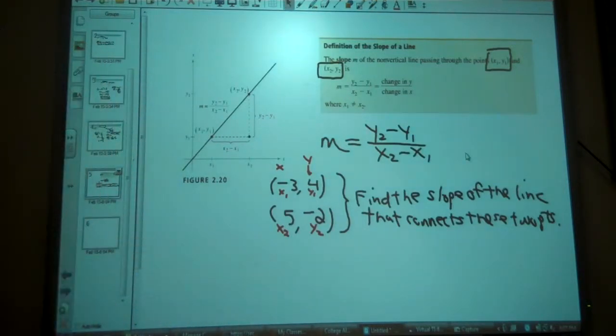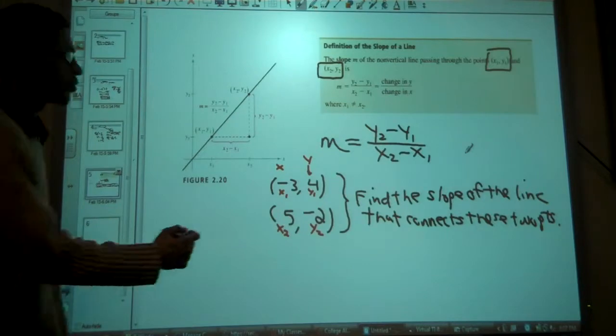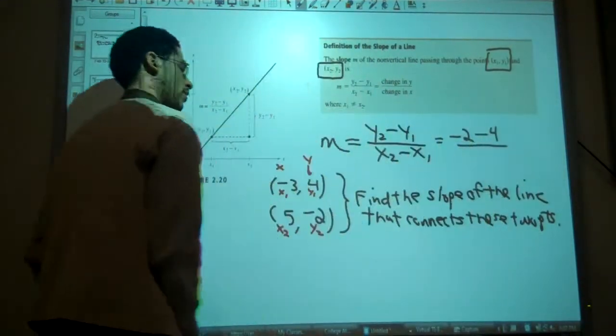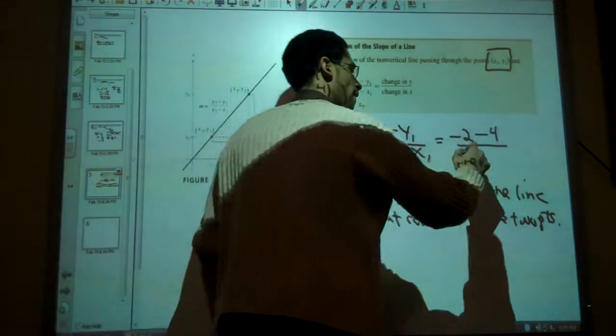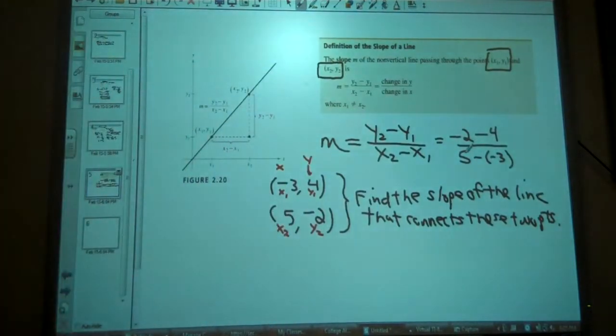If I'm following the formula, then I'll get a -2 take away 4 in the numerator, and in the denominator, 5 take away a -3. You don't have to use parentheses, but it helps. So I use my second point, I subtract my first point, but I have to use my y's in the numerator, x's in the denominator.